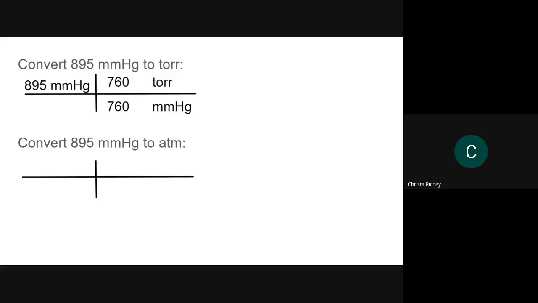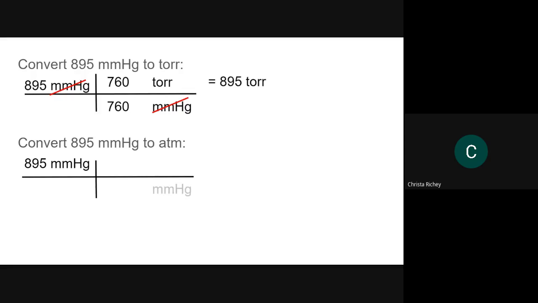That's probably why I don't ever remember teaching torr, because it's the same dang number. So 760. Both millimeters of mercury and torr, its numerical value is 760 at STP. These divide out. Or you really could do 895 times 760 divided by 760, but they cancel out. So it's 895 torr.